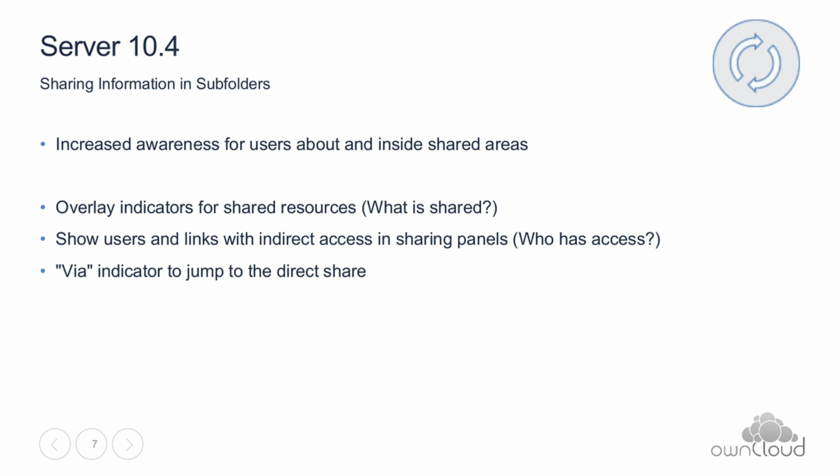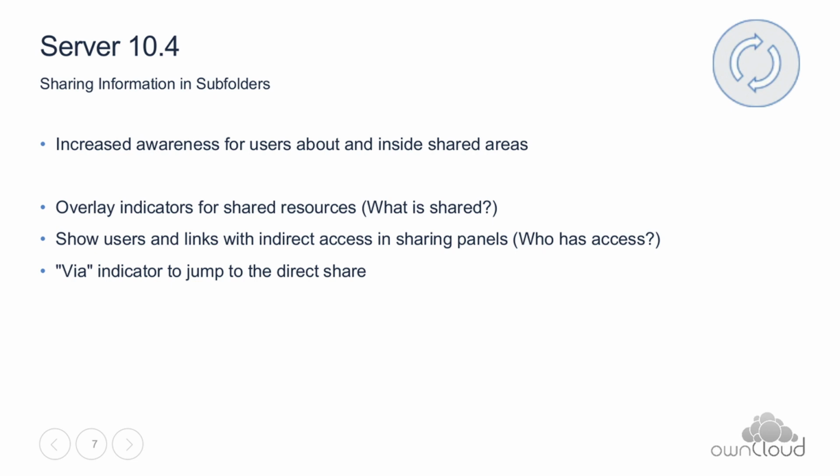This question we answered by also showing users who have indirect access in the sharing panel, meaning users who have been added to a parent resource, or where a parent resource is shared with them, will also appear in the sidebar when you're looking at files, for example, which are children resources of that.